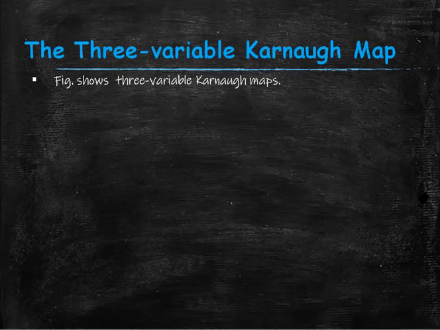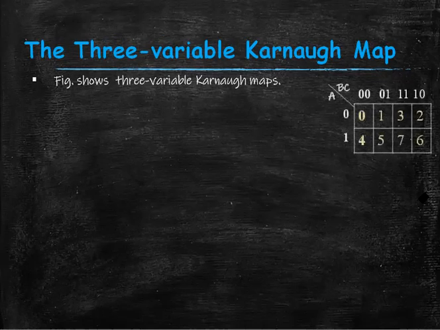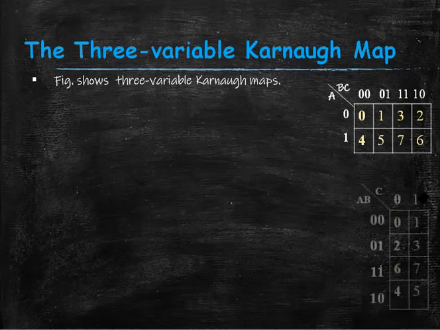We know that in the 3 variable case there must be how many squares? 2 cube, that is 8. Then it may be represented in this way. Here that is 8 squares, or we can represent it in this way.